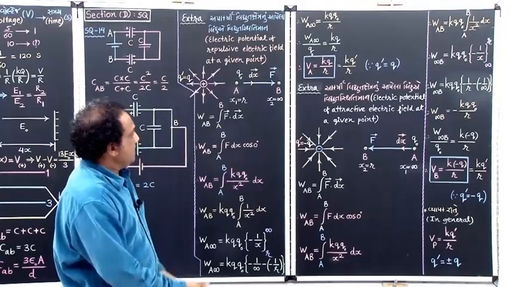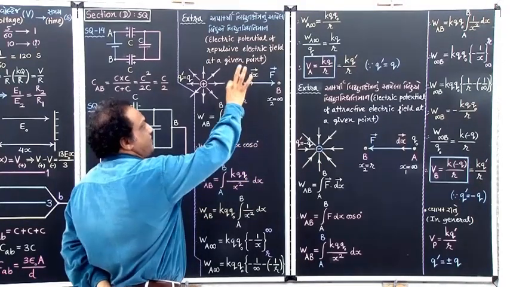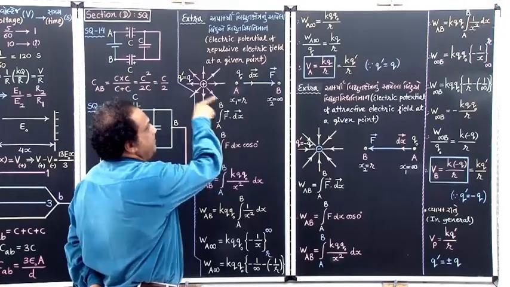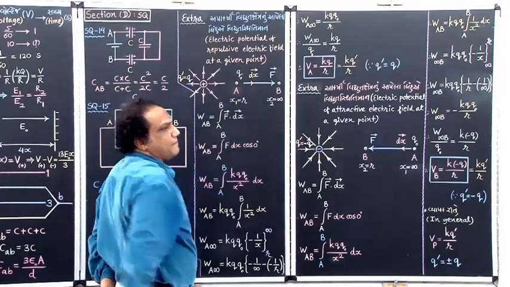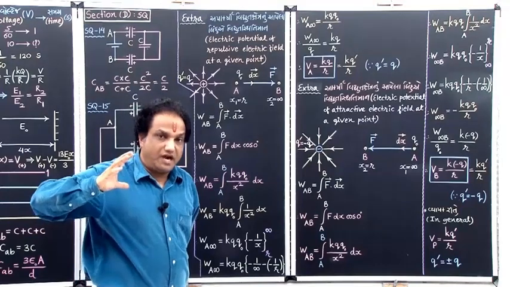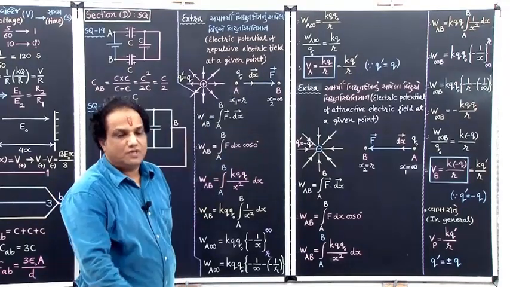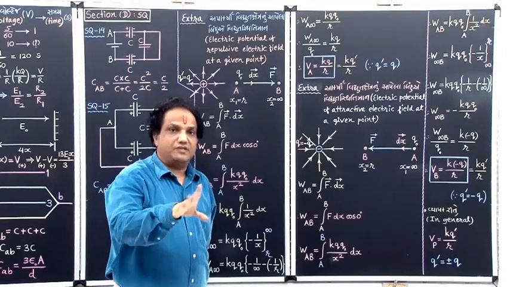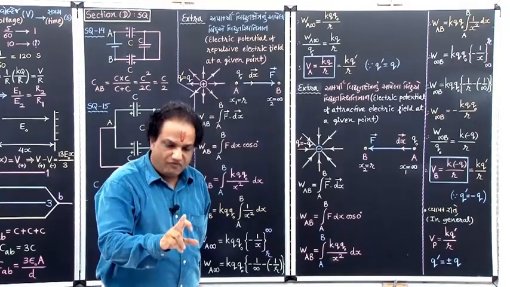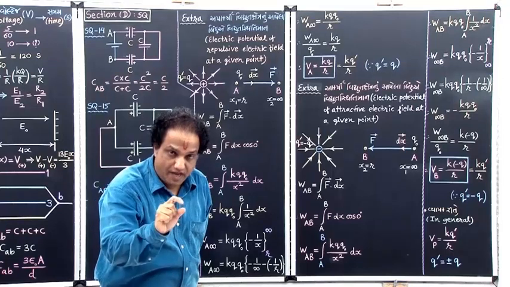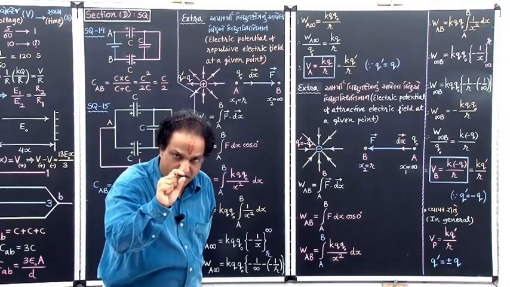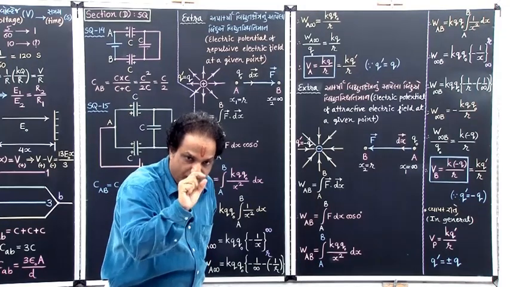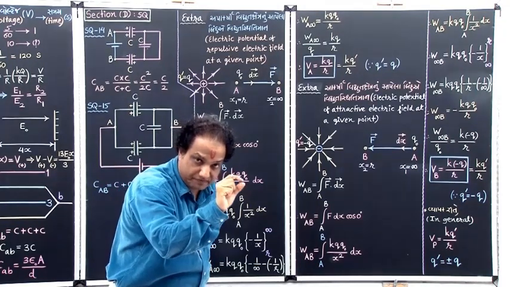But if we just release that test charge, it will be accelerated, so there will be an increase in kinetic energy also. We do not want any increase in kinetic energy. For that, we should allow the charge to move under equilibrium, on a straight path with constant speed.